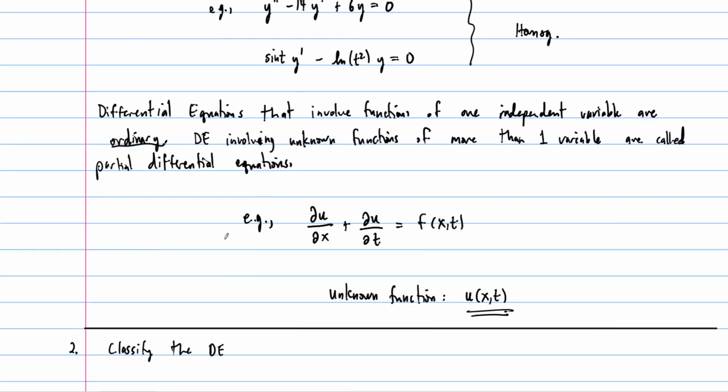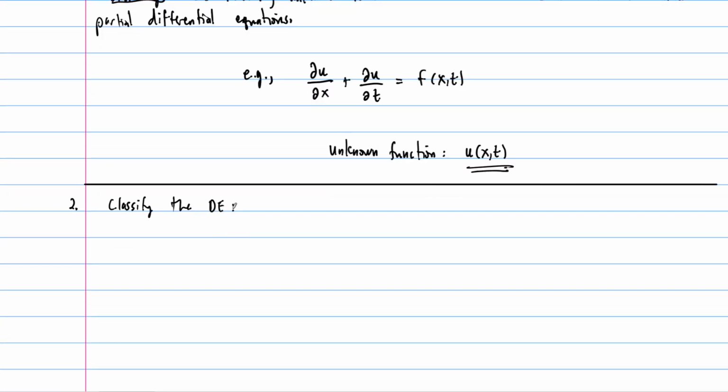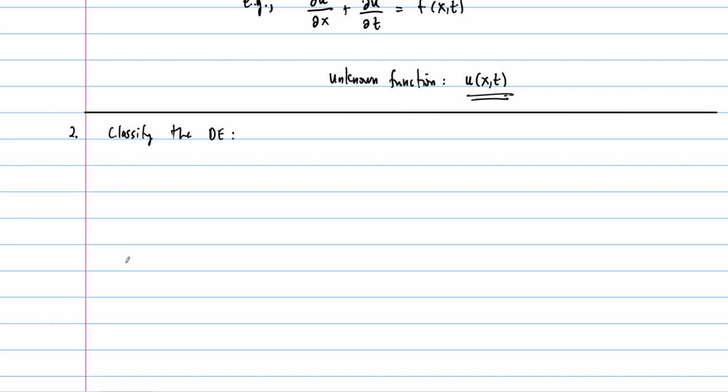Or is it a partial differential equation? So here's the differential equation that I'd like you to classify. It's y triple prime plus 3t squared y prime minus sine of natural log of t times y equals cosh of t squared again. Okay, so take a moment to pause and ponder this and classify this differential equation.